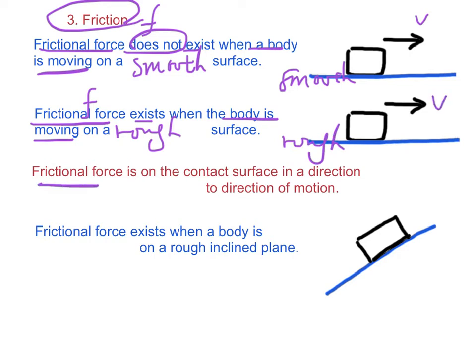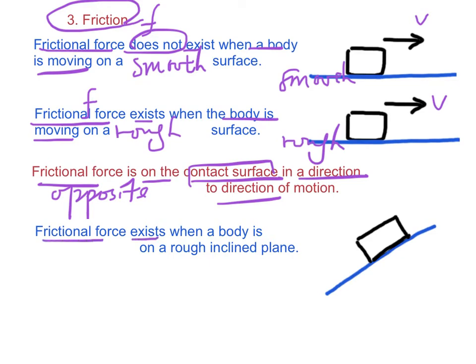Frictional force is on the contact surface in a direction opposite to the direction of motion. Frictional force exists when a body is at rest or stationary on a rough inclined plane.